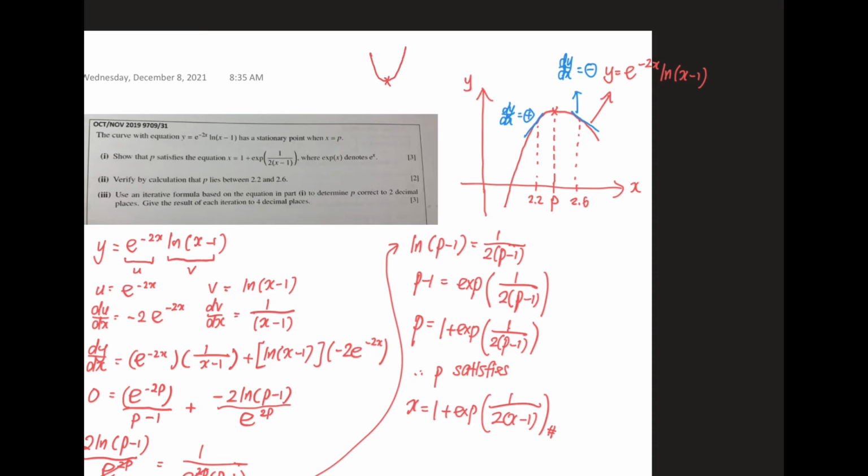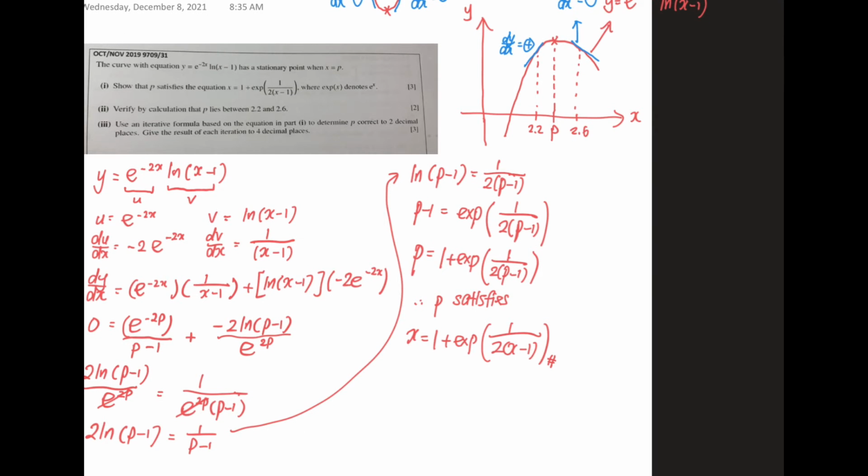If it is a minimum, dy/dx is going to be negative before it, then after it, at 2.6, dy/dx should be positive. So let's work it out then.